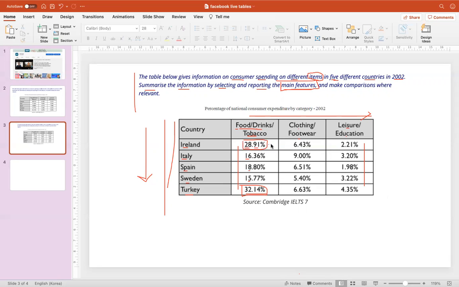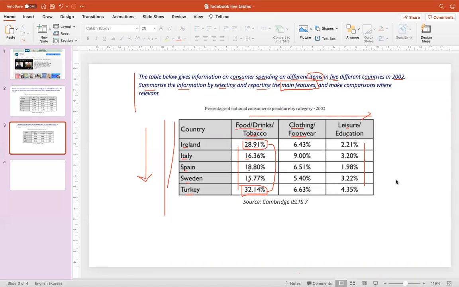So these two here, both Ireland and Turkey, are definitely the exceptions out of the 5 countries. These ones are only 16, 16, 18, 15%. They're quite similar, whereas these two are much higher. So that's worth discussing. If we go to the next column, what can you see in here?